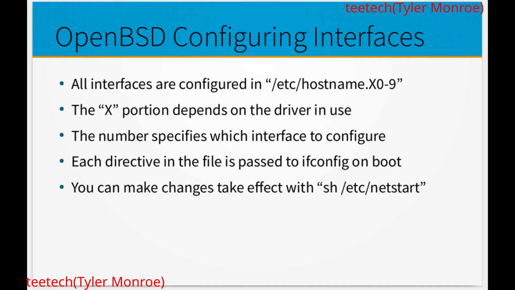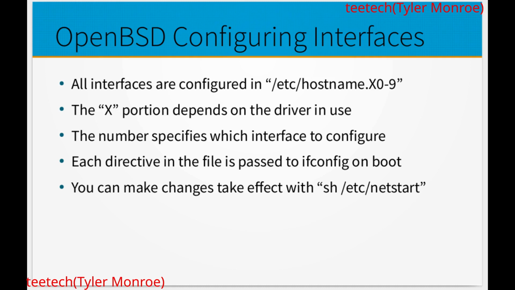The number after that does specify the interface to configure, because you can have multiple interfaces that have to use the same driver. So you have to differentiate the configurations with that number.